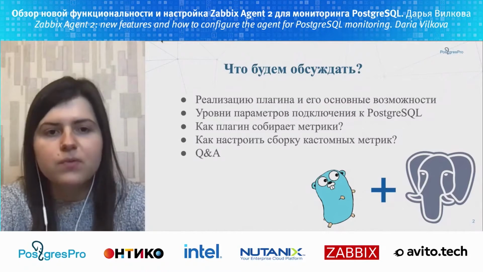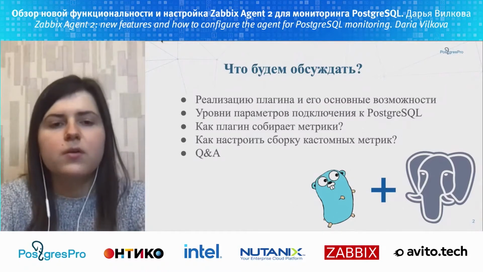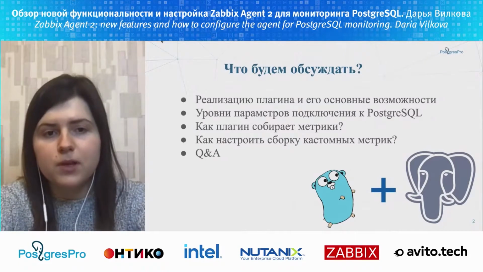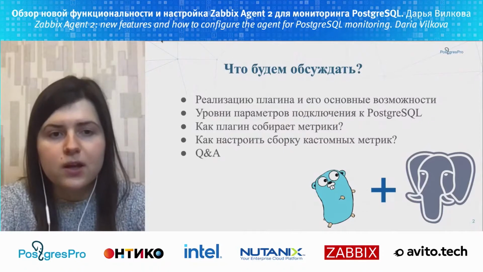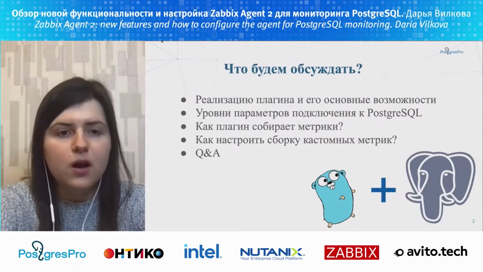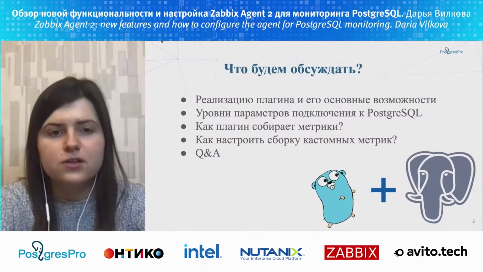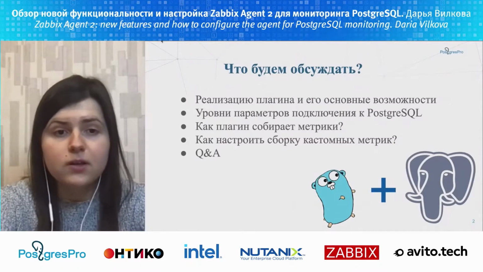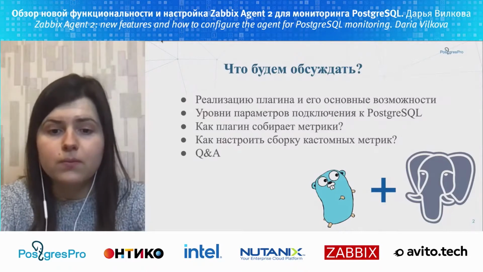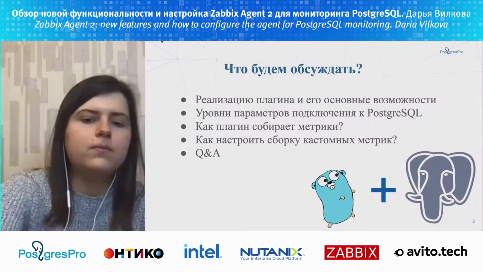Then, to demonstrate the logic of operation, I'll show how the assembly of metrics happens on a simple example. And then we'll discuss new functionality, custom queries, which enable adding new metrics from one SQL file.